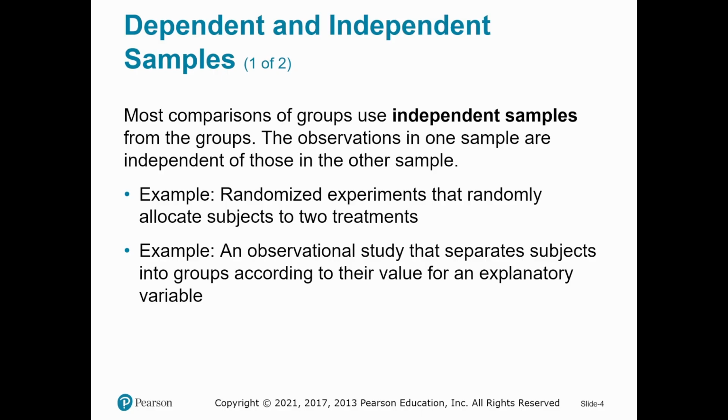Example, an observational study that separates subjects into groups according to their value for an explanatory variable. That could be your case-control study, where cases are people who have a certain disease, they may test positive and have the disease of interest, but controls, the other group, they might also test positive for the disease, but they don't get the symptoms that could make them have to go to, say, the hospital fighting for their life.